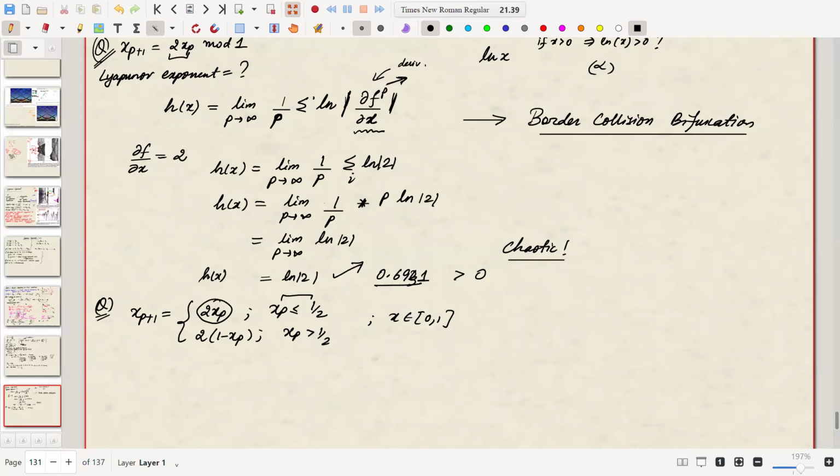When x is greater than 1/2, you do twice 1 minus that quantity. So you can see where the map is not continuous. Can you tell when the map is not continuous?